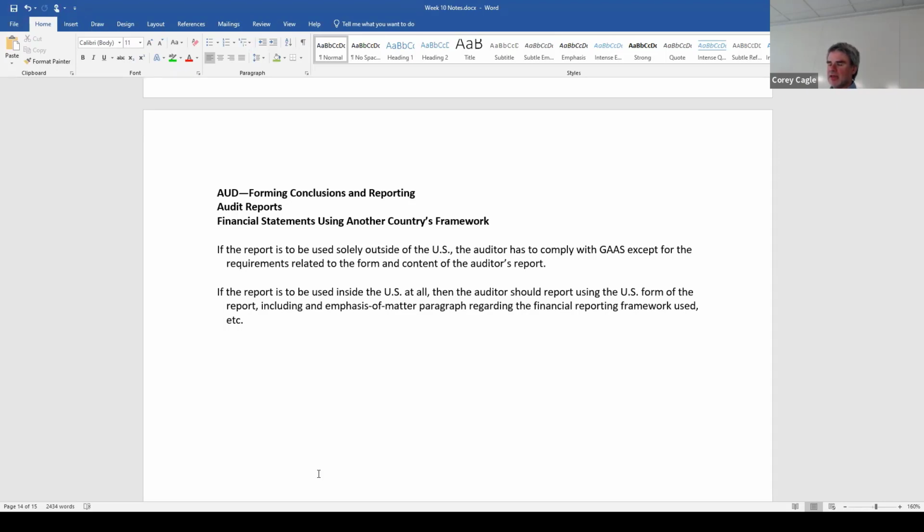But that doesn't mean we don't have to do our audit in accordance with GAS. So GAS audit, definitely. Report, we can tweak and do it in terms of wherever it's going to be released. Only if it's only going to be used outside the US. If it's to be used inside of the US at all, in any little tidbit of an area, then we've got to report using the US form of the report. And we would do an emphasis of matter paragraph if it was a different framework, etc. Real quick and easy section.